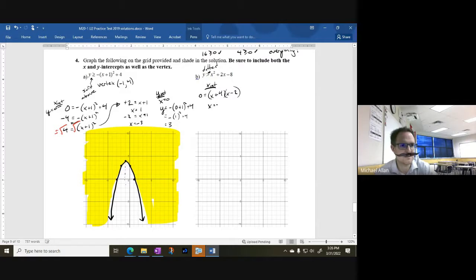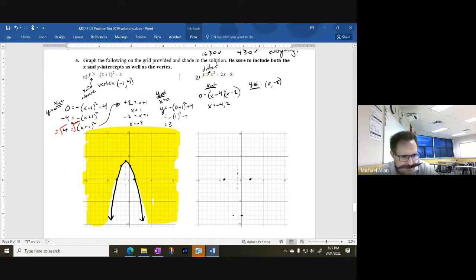So that makes -4 and +2 my answers. +2, -4. Okay, so I know my x-intercepts. My y-intercept, that's a pretty easy one, is -8. Remember, when it's not in vertex form, you just put zeros in there, and the last number just pops out. -8.